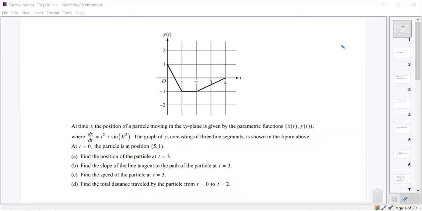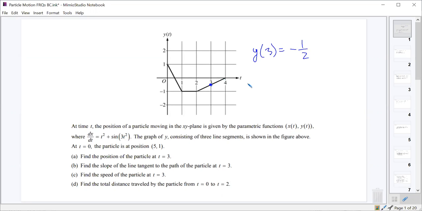So y at 3 should be easy enough. The value of y at 3, this is just the graph of y. So it says these are line segments. So if we're going from 2, -1 to 4, 0, 3 must be at -1/2. Then to find the x coordinate of the position, we're going to have to integrate dx dt.